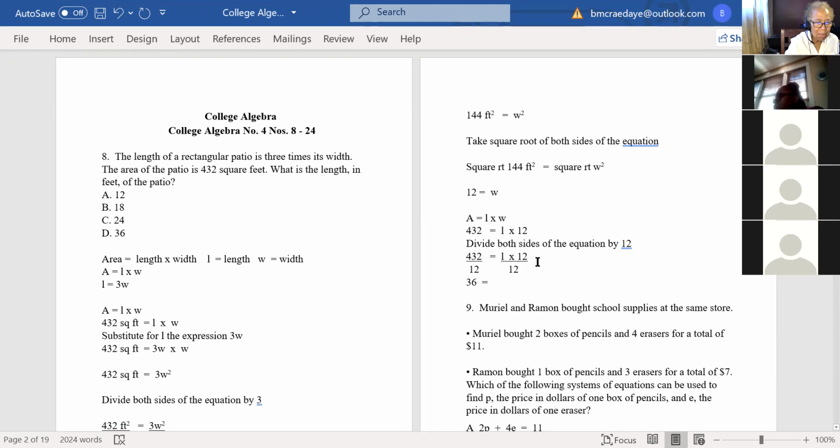Length, that's L times 12 divided by 12. In other words, another way of writing this is 12L over 12. That's another way of writing it, okay?